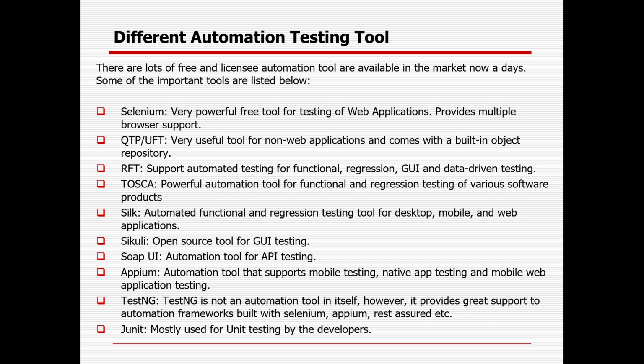Other tools are also available in the market, mostly licensed, for any kind of testing like web based, API testing, or client-server based or Windows based application testing. And for performance testing there are tools like JMeter and NeoLoad.